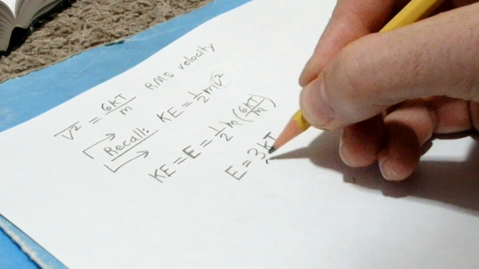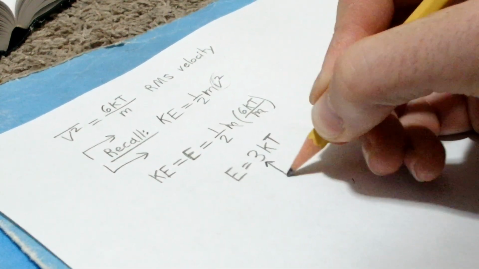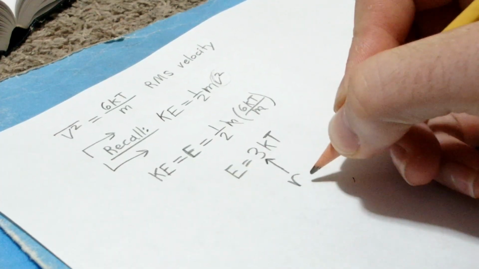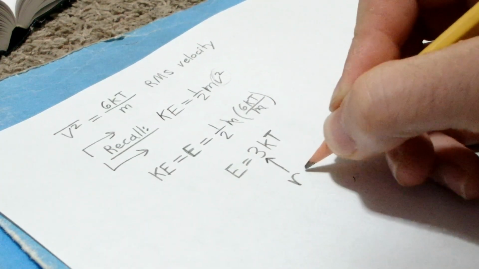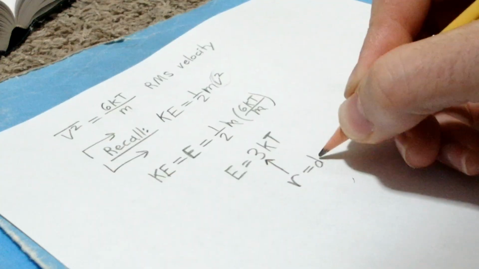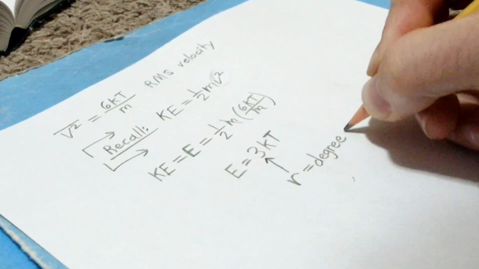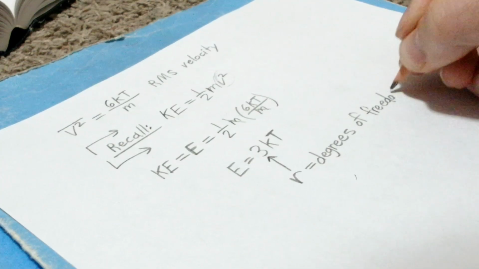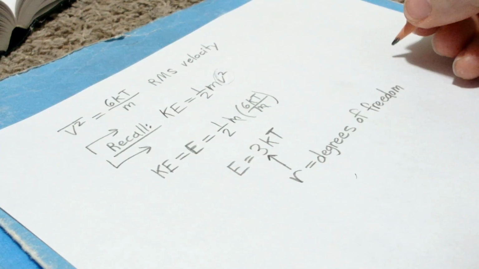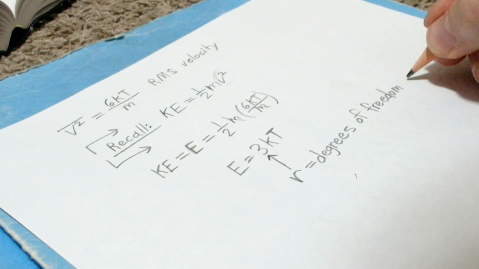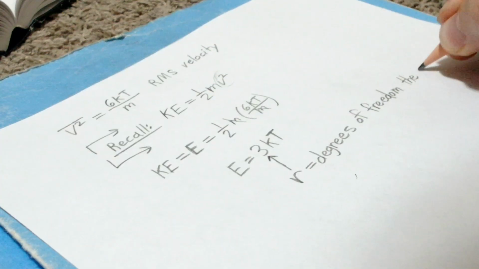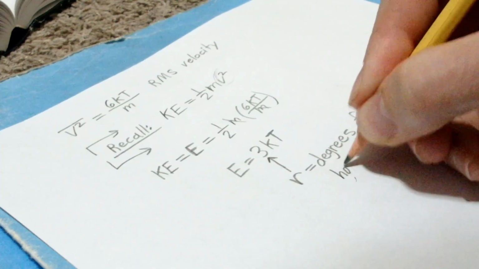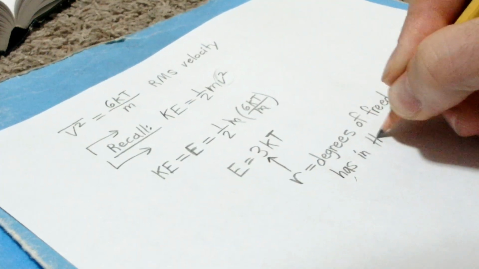And it turns out this 3 here can be written using the Greek letter nu, this curly v. This is related to the degrees of freedom the particle has in the system.